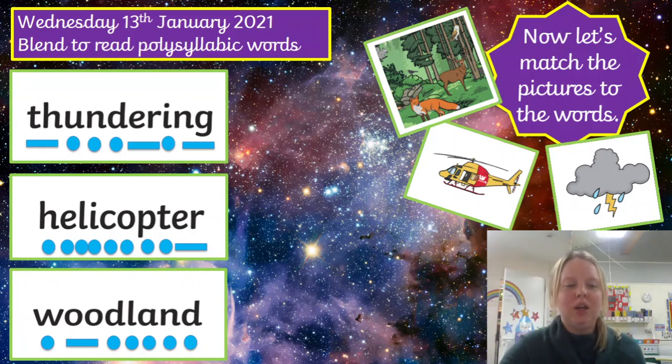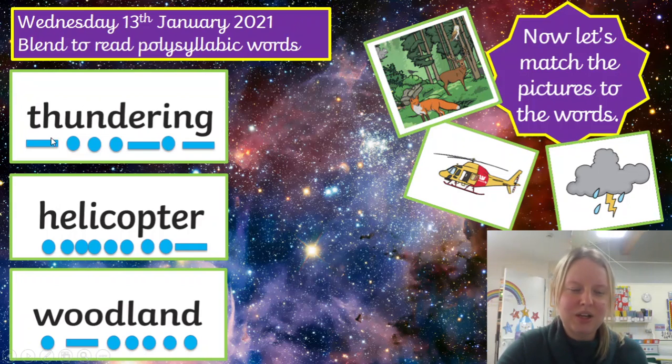Right. Ooh. So we've got some words here. Our job is to match up the pictures to the words. So we're going to sound each word out and then see if we can point to the correct picture. So let's figure out what this says here. Are you ready? Oh, so I can see from the sound buttons we have some digraphs here. Can you see that there are dashes and dots? That means we have some digraphs in this word.